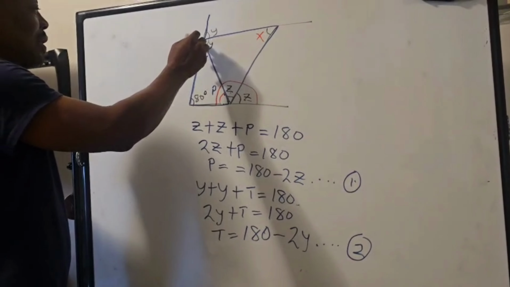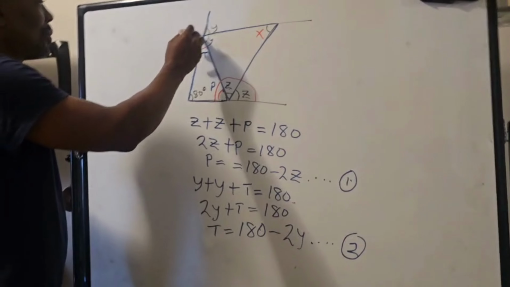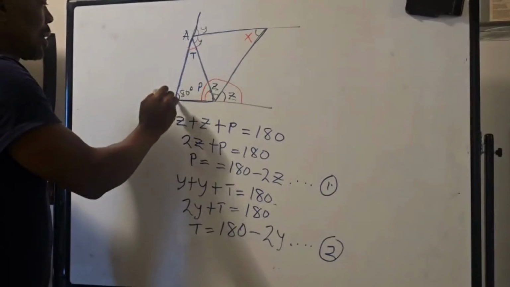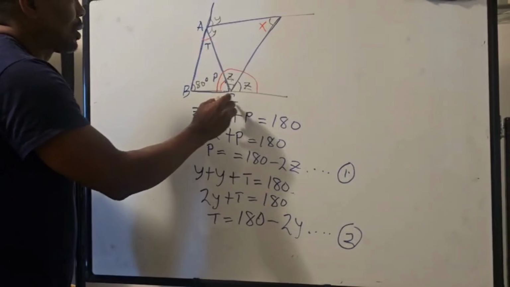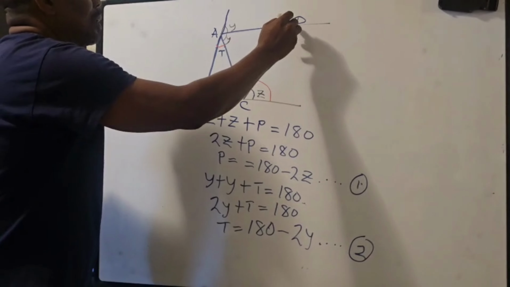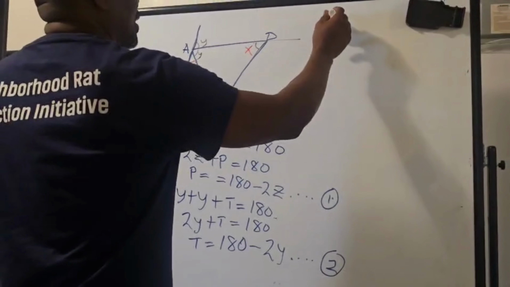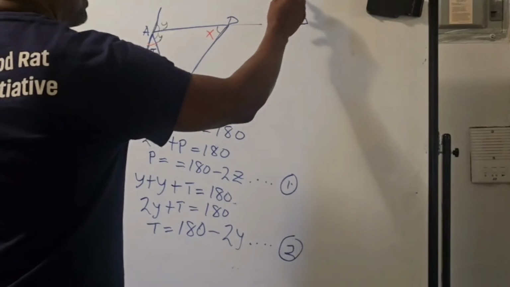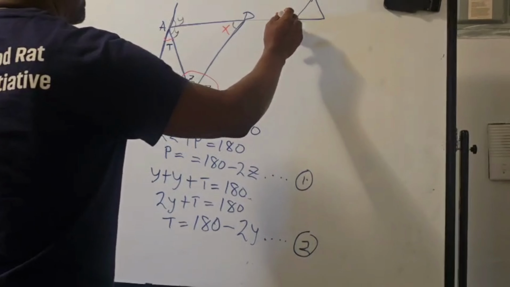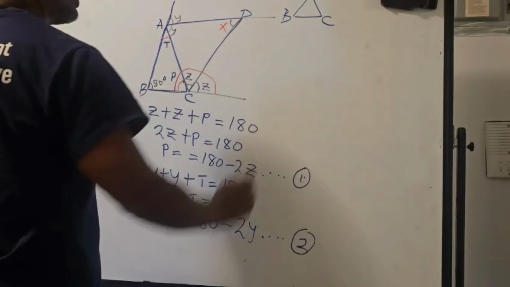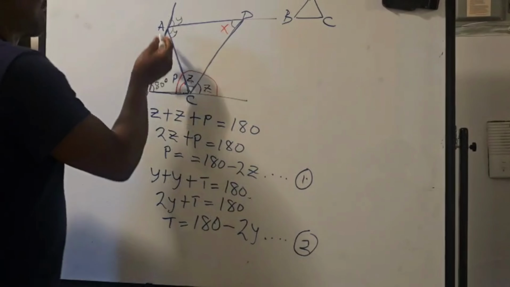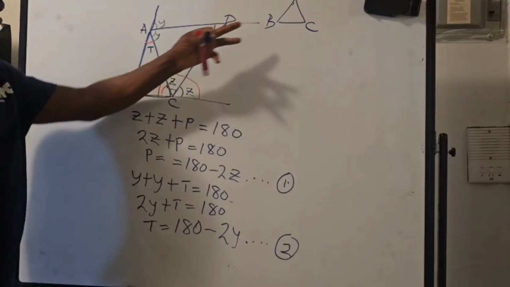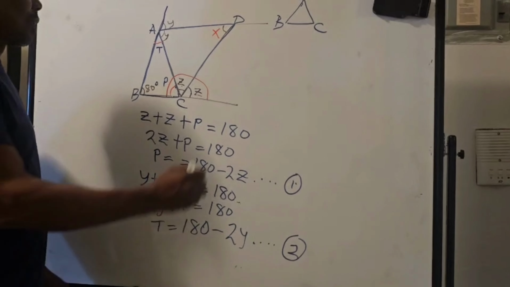So when you consider this triangle, let's call this A, and here B, and here C, and here D. In this triangle A, B, C, the total angle in this triangle is 180.